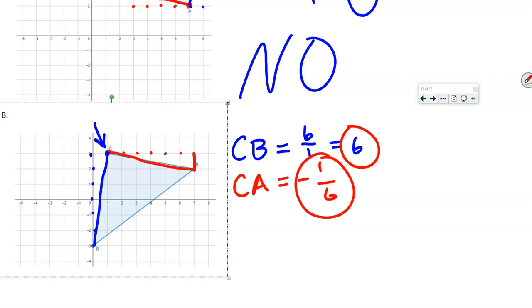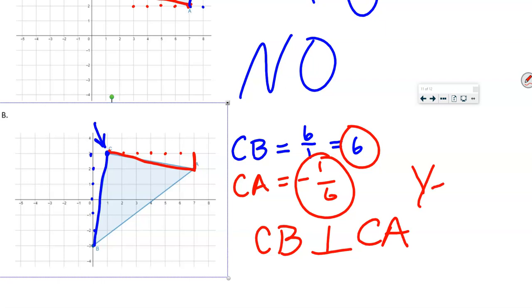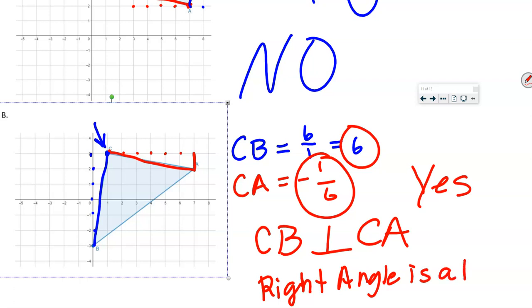They're perpendicular, right? Because they change sign and they flip, okay? So we're going to say CB is perpendicular to CA. Yes, this is a right triangle. And where do we think our right angle is? The right angle is at C.